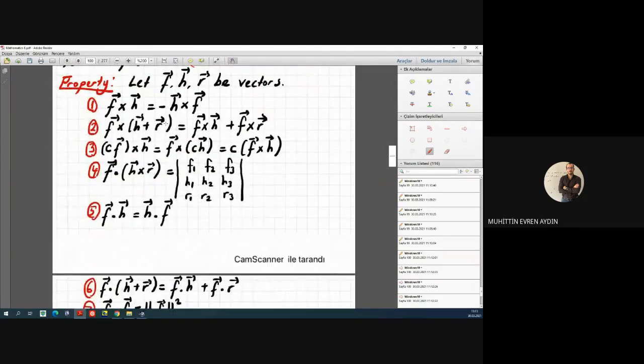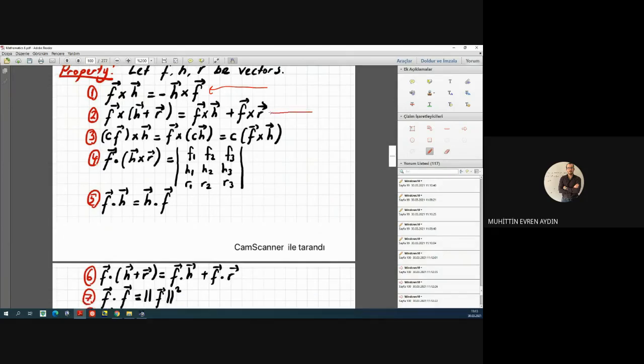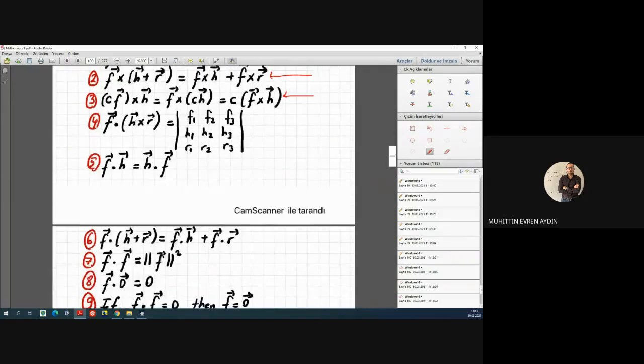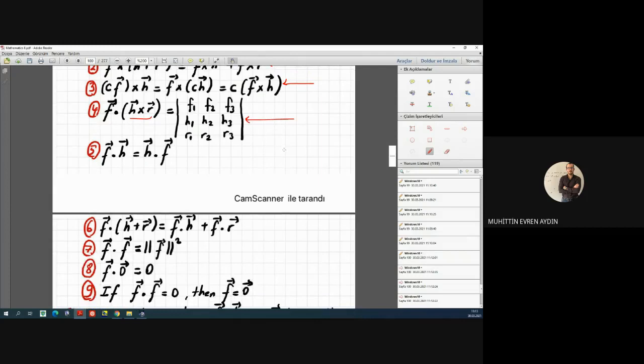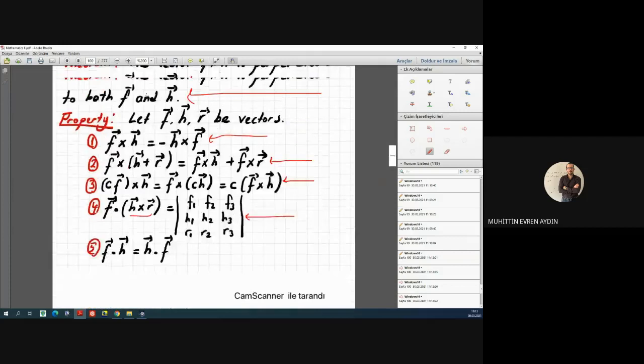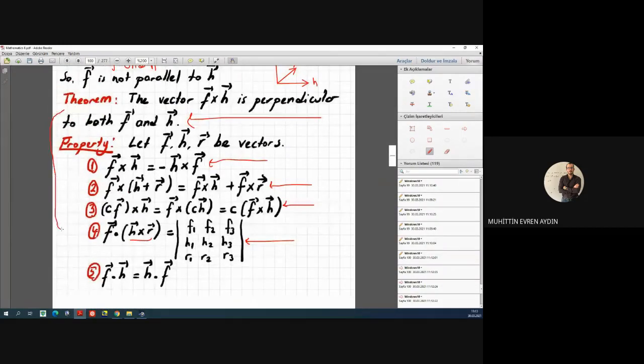Yes, some other algebraic properties. This is obvious from the properties of the determinant. Some other algebraic properties. Yes, if you take the dot product of f and the cross product of h and r, then you have this determinant. So as you can see, you can prove this theorem using exactly these properties.